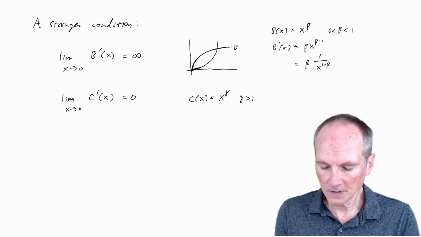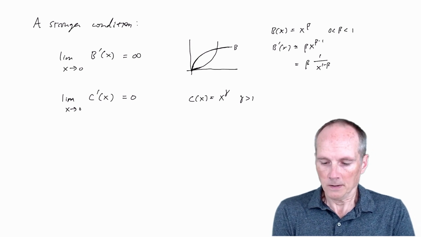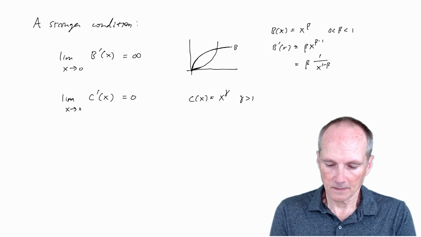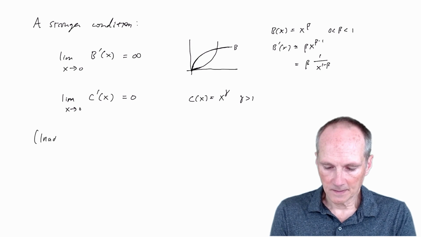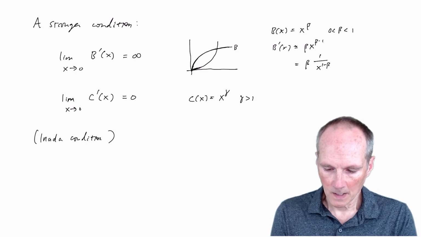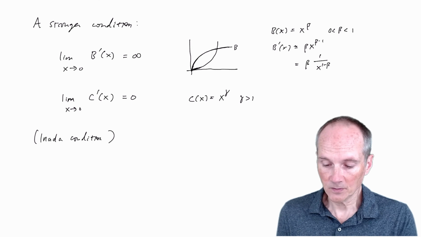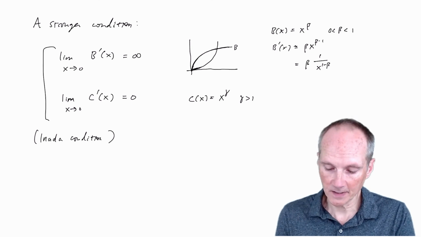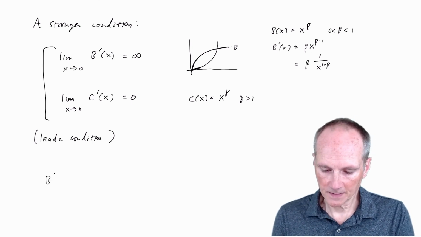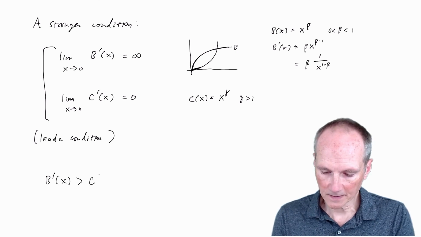Okay, so again, it's in this family of Inada conditions. And you can see that it's stronger than what we just assumed. We're assuming that there's some x such that the marginal benefit is bigger than the marginal cost.